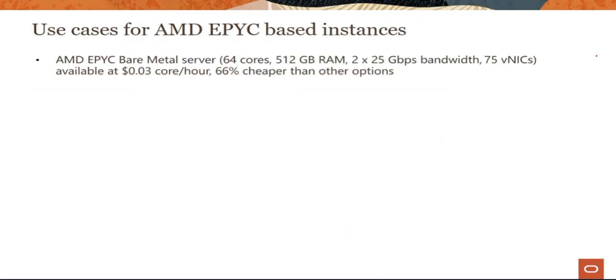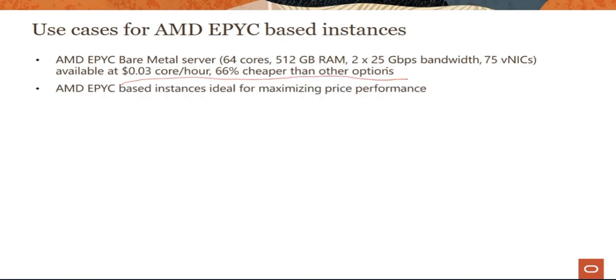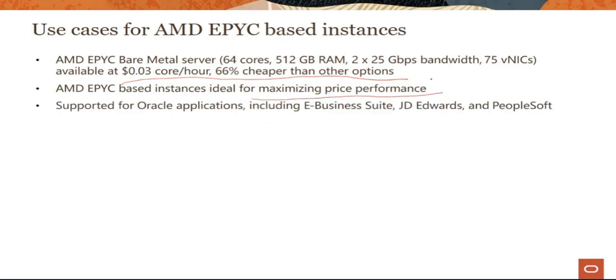Now, there are cases for AMD EPYC based instances. The first thing is that these are cheaper. You can see here, it's 66% cheaper than the other options out there, predominantly Intel. These are ideal for maximizing price performance. Anytime you are concerned about price performance, you can go with the EPYC AMD instances.